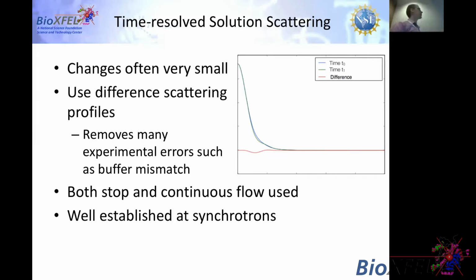Buffer mismatch is a huge problem experimentally because you need to have exactly the same concentrations of all the different ligands and cofactors in your buffer as you do in your protein, and that's difficult to do even with methods such as dialysis and taking buffer from purification protocols. You can do both stopped and continuous flow, which we'll get into in a second, and it's very well established at synchrotrons.